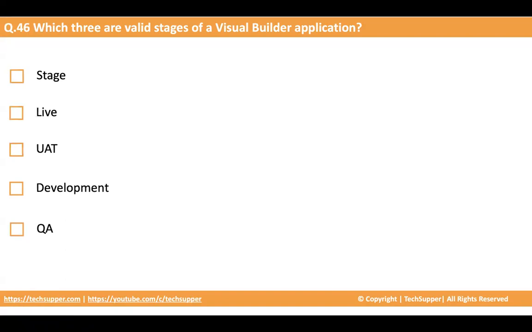So which 3 are valid stages of a visual builder application? If you don't know, you can create a VB application and you can switch the phases and then you will know the answers. The answer is stage, live, and development. So these three stages, each and every web application in Visual Builder can go through.